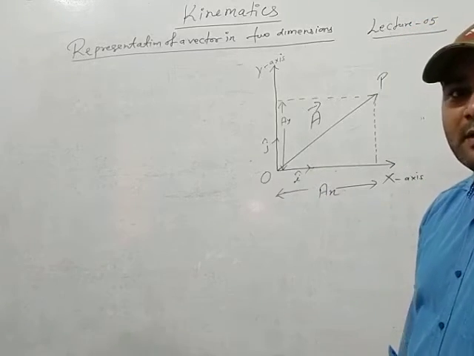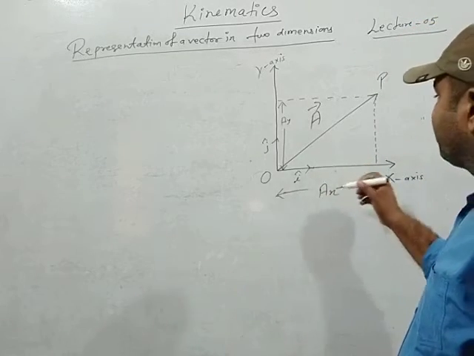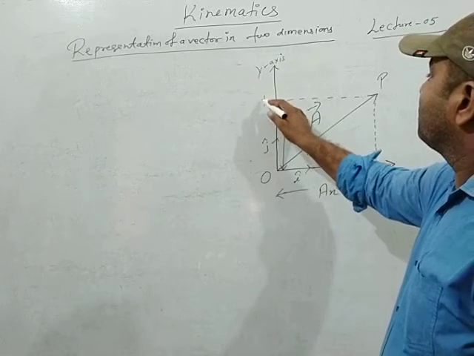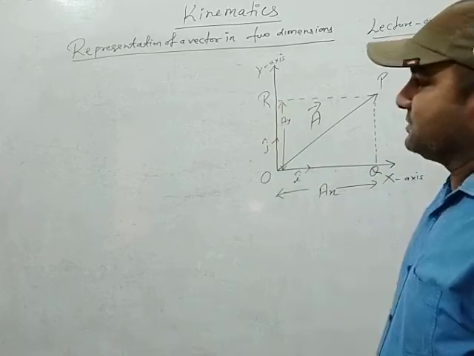Then how do we represent this vector in 2 dimensions? Just see, very easy.